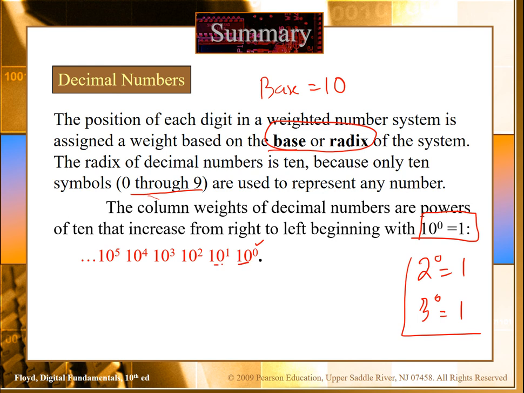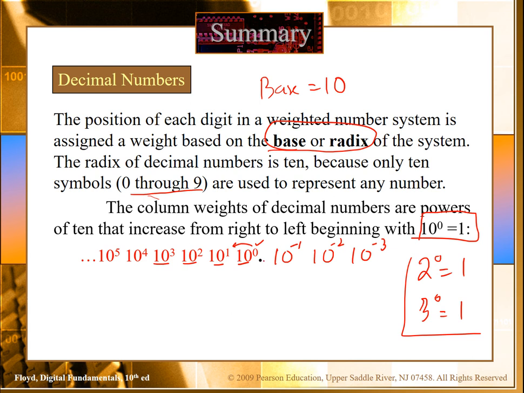The base will remain the same, for example 10 for decimal numbers, and the power will increase as we move towards the left side, and decrease as we move towards the right side. So it will be 10 to the power minus 1, 10 to the power minus 2, and 10 to the power minus 3. This is just the base explanation for the decimal number.